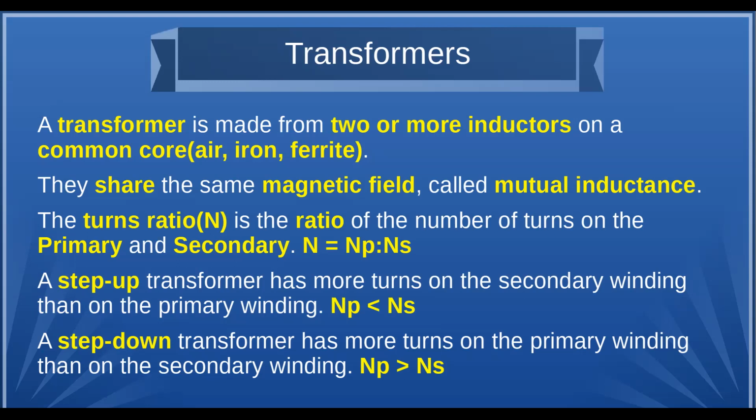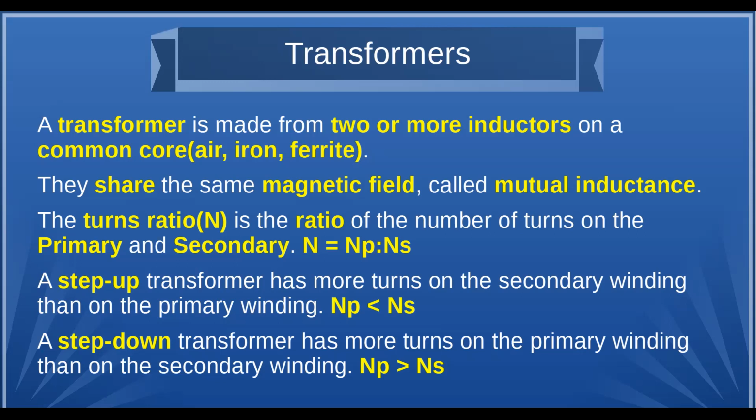We also have a turns ratio in a transformer, which is the ratio of the number of turns on the primary versus the secondary. So if this was a step-up transformer, I would have more turns on the secondary than I would on the primary.